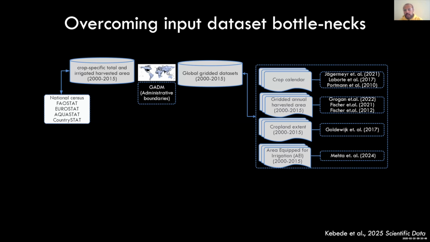And there is also a cropland extent, which defines the maximum area per pixel that is likely occupied by crops. And there is another dataset, which was a bottleneck for updating or preparing this dataset: the area equipped for irrigation. For each pixel, which is 5 arc minutes or 10 kilometer by 10 kilometer, it tells how much area is occupied by irrigation.